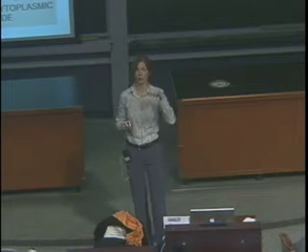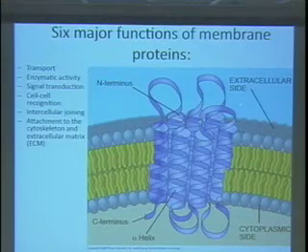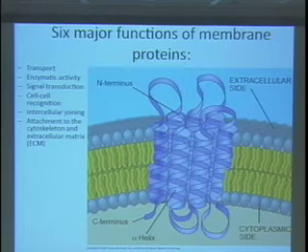They often have multiple alpha helical regions that go across the membrane, and they can go across the membrane many times. And then these loops are typically, what would you say, hydrophobic or hydrophilic? Hydrophilic, right? Because they're interacting with the water outside or inside of the cell.